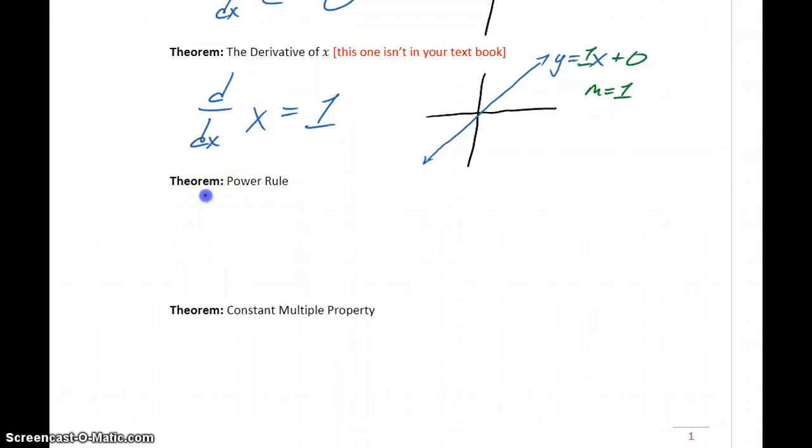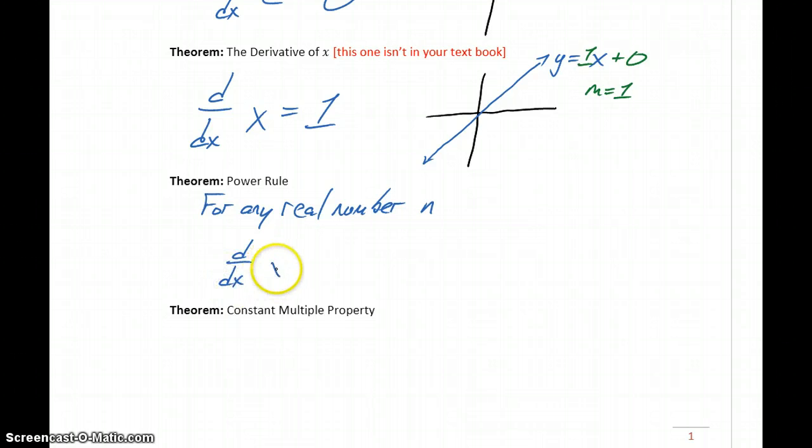The power rule tells us that for any real number n, the derivative of x to the nth power. To evaluate that, what we're going to do is take that exponent of n, bring it down in front of our original function.